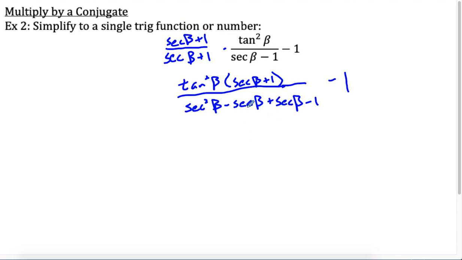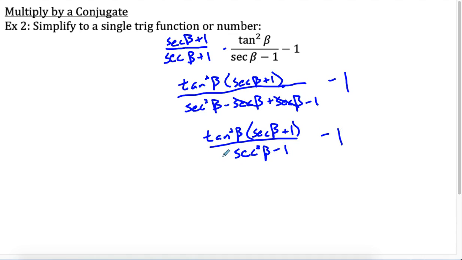Now, in the denominator, I've got a negative secant plus secant. Those will cancel. And I'll have tangent squared of beta times secant of beta plus 1 over secant squared of beta minus 1, and then minus 1 out here. The reason that we multiply by a conjugate is we end up creating something like this.